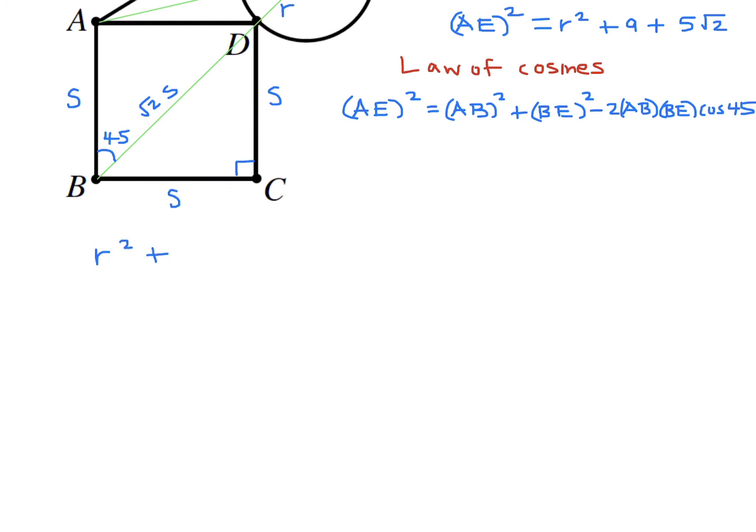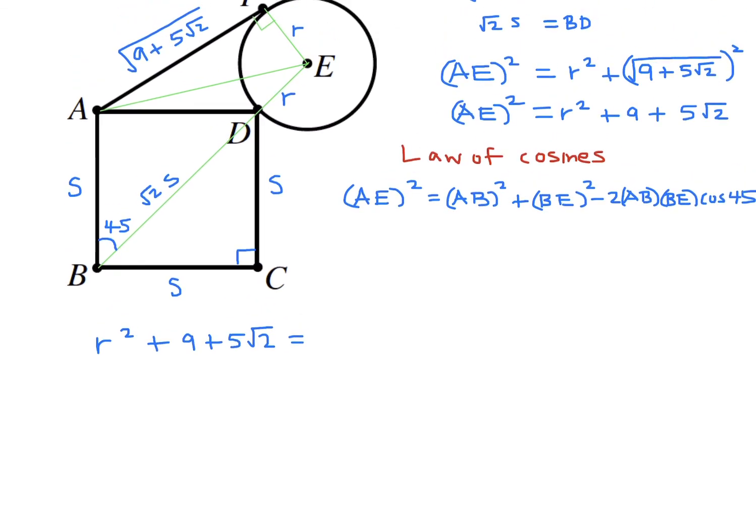R squared plus 9 plus 5 root 2 is equal to AB squared, this whole thing right here. But instead of writing it all out, I'll just put in the values. AB is S. Then BE squared is the distance from all the way to there.